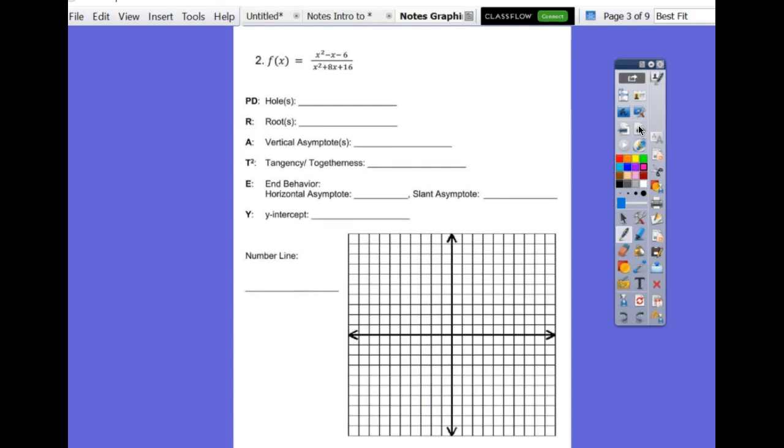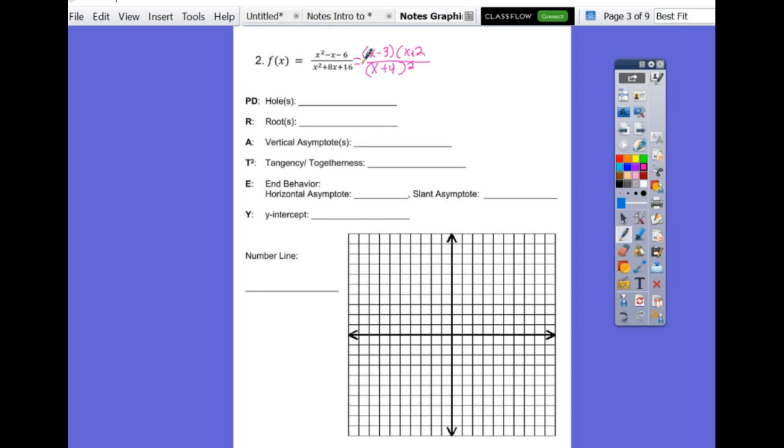So when I factor, x minus 3 and x plus 2, over x plus 4 squared. Is that what y'all got? So the x plus 4 is squared.